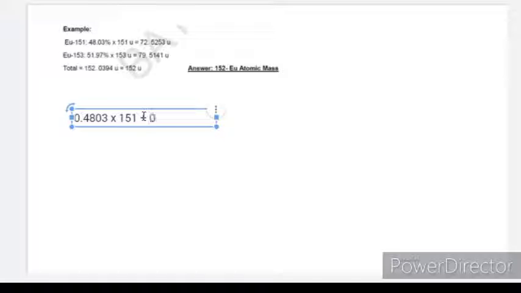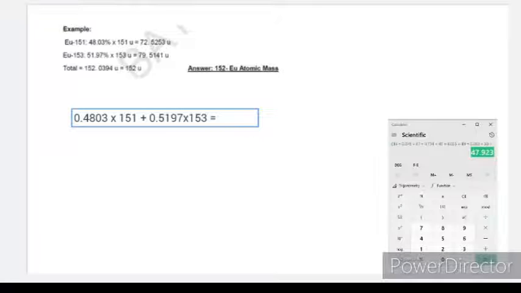You can do 0.5197. Multiply it to 153. And then, you add it together. You can use your scientific calculator. 0.4803 times 151 plus 0.5197 times 153 gives you 152.0394.